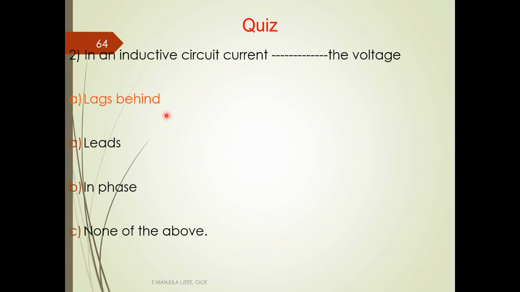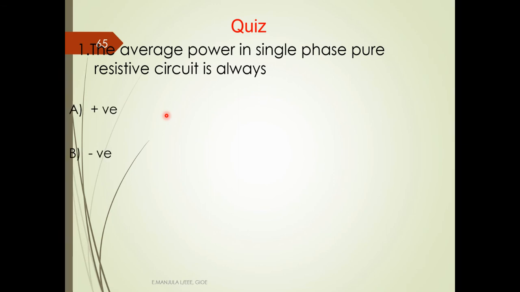So these are some of the important quiz points which you have to remember or understand. If you understand, it will obviously stay in your mind. The average power in a single phase pure resistive circuit is always positive.